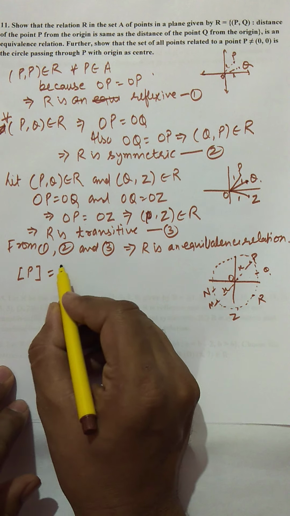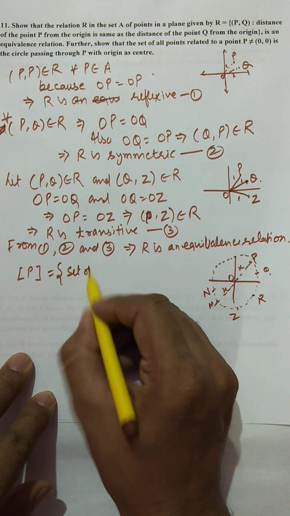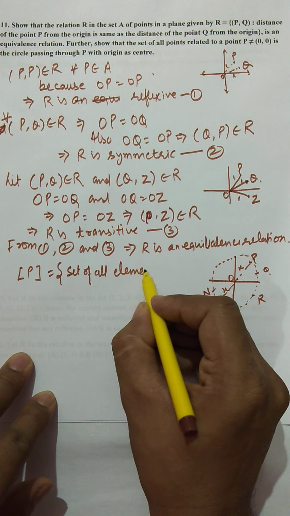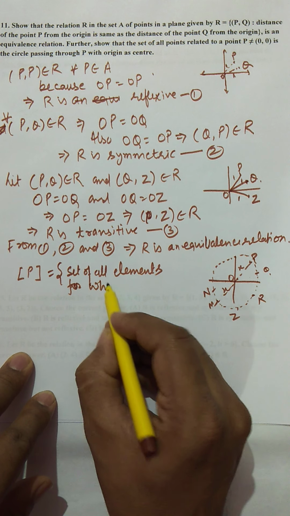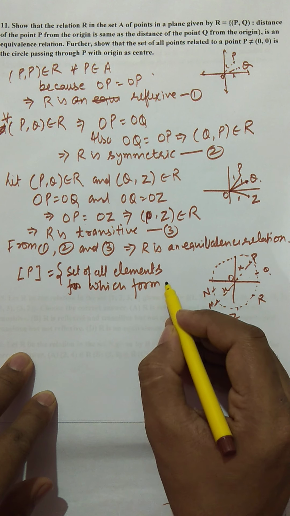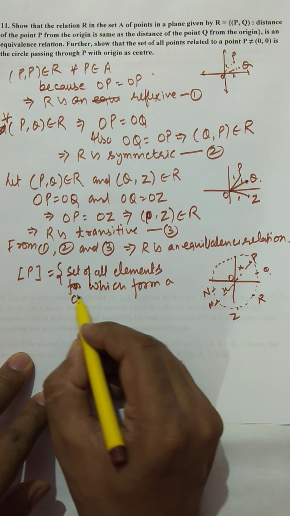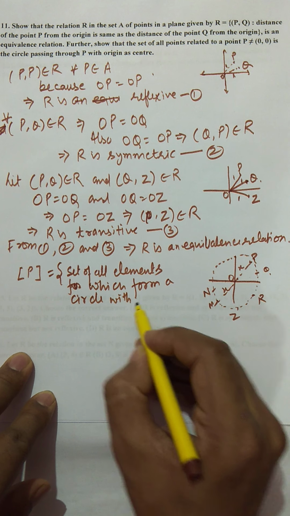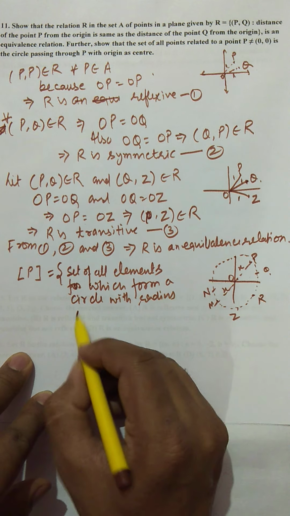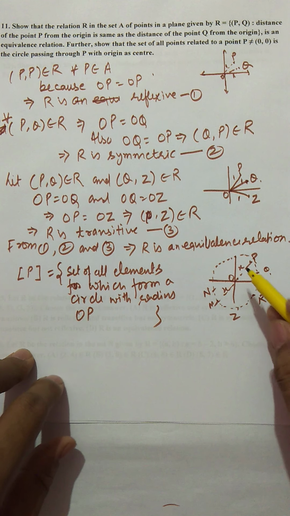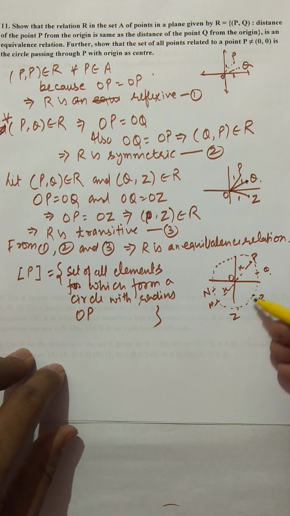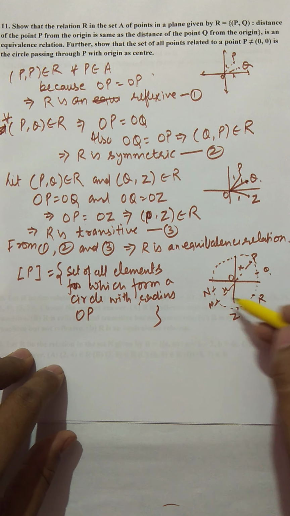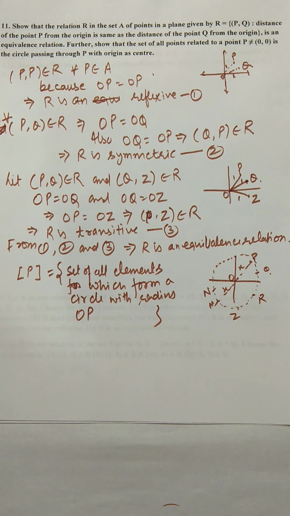So you can say this is a set of all elements which forms a circle with radius OP. OP is the radius, and all these infinite points will have the same distance as OP. Collectively they are making the circle. So this is how you can write the answer.